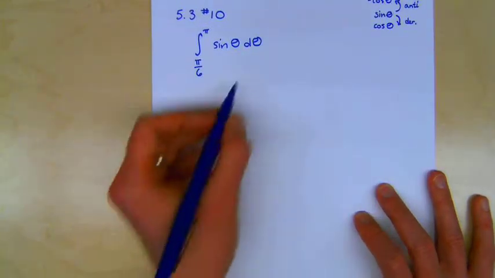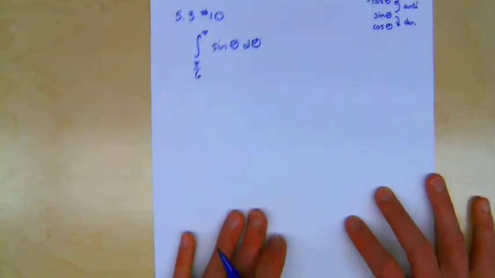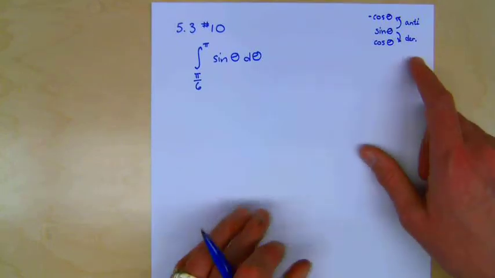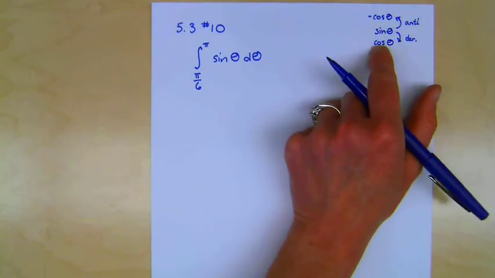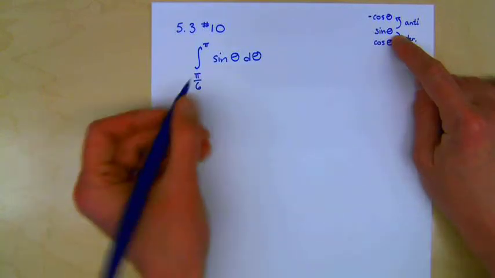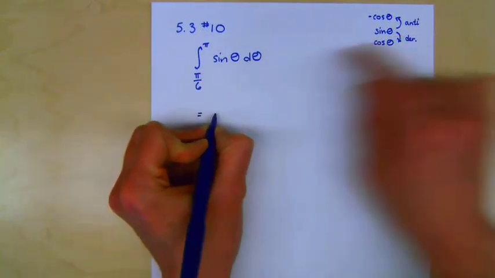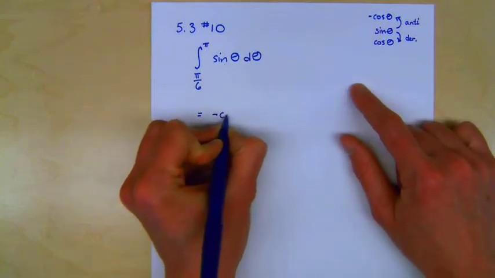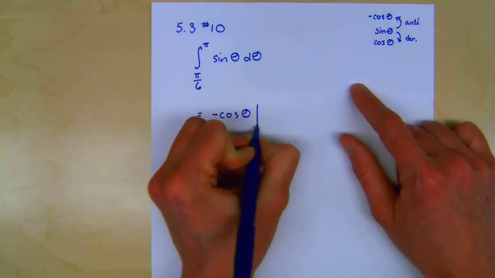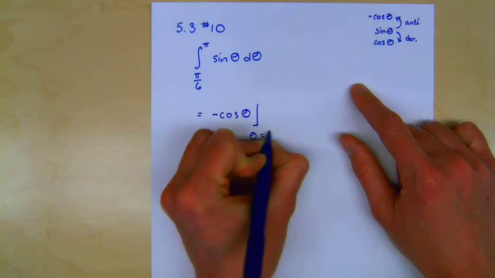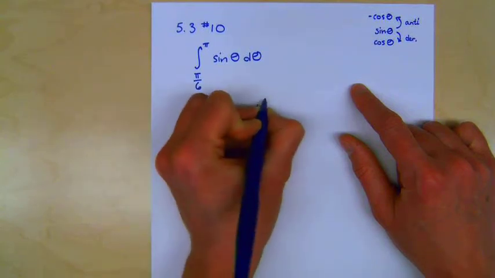I don't know. That's not a very helpful graphical device for you, but really there's nothing logical about it. It's something that I end up memorizing. So that just tells me that the antiderivative of sine is negative cosine of theta, evaluated from theta equals pi over 6 to pi.